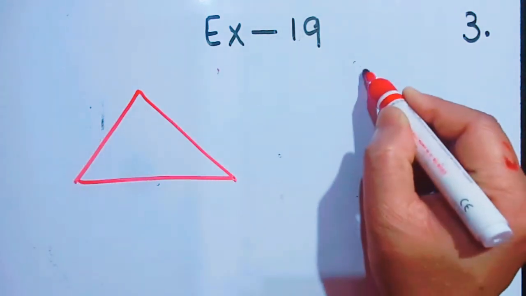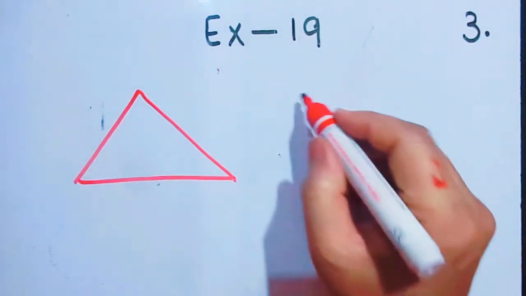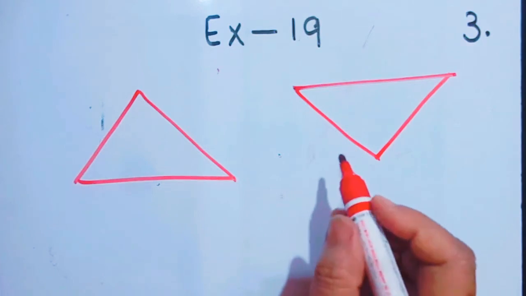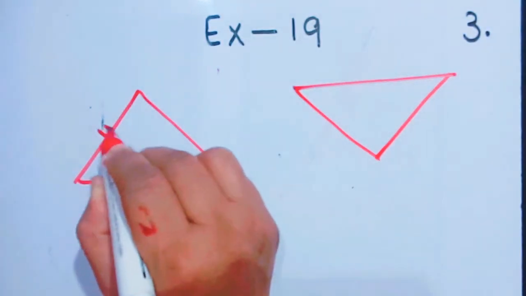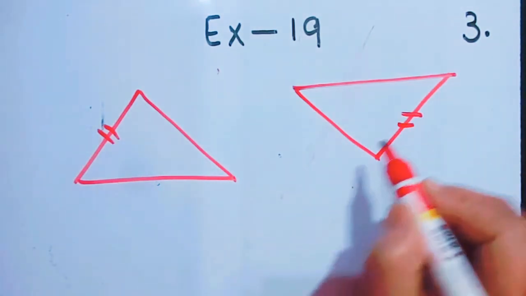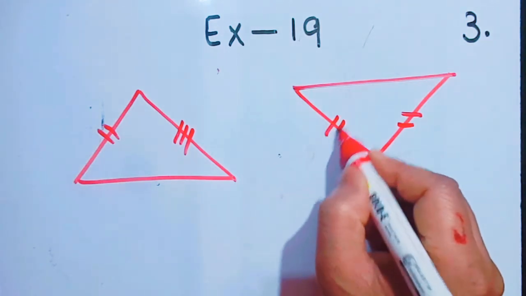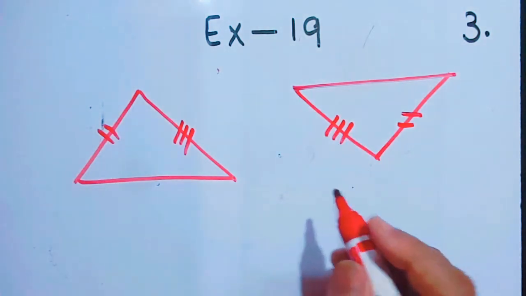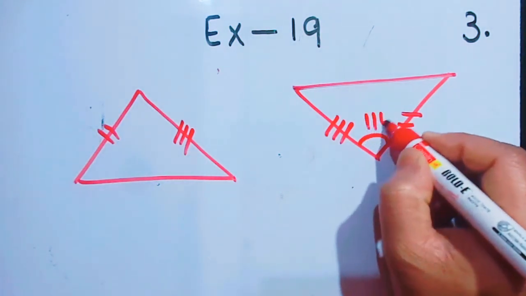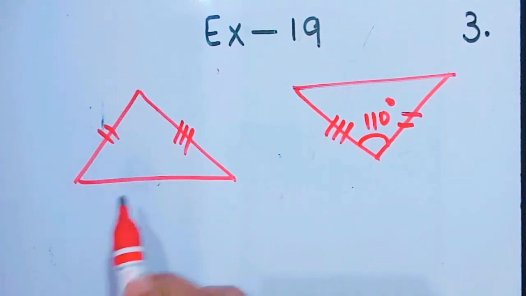They have given you two triangles. One triangle is over here and the other triangle they have given you as, have a look, in this form. They have also said that this particular side is equal to this particular side, and this particular side is equal to this particular side. They have given you this angle as 110 degrees, but here they have not given you 110.